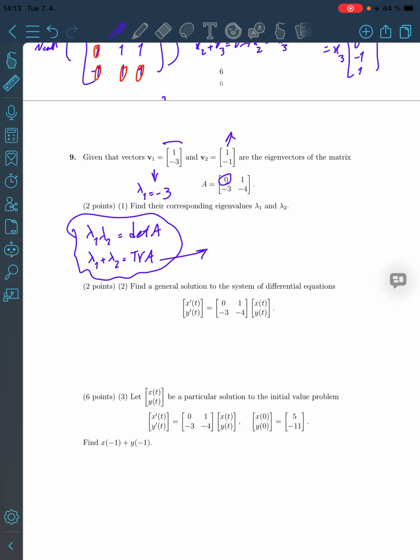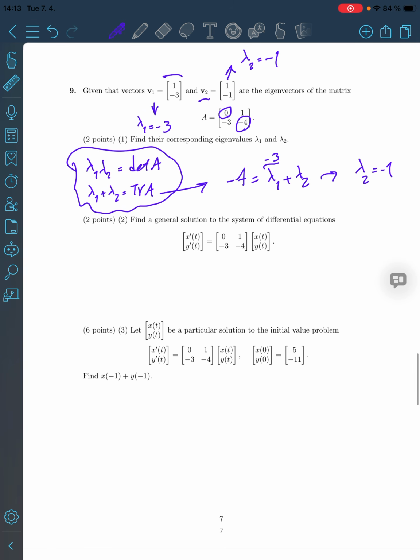Trace of A means the summation of all the entries on the main diagonal, which is equal to -4. -4 is lambda 1 plus lambda 2, but I already have lambda 1, which is equal to -3. Therefore, you can easily see that lambda 2 is equal to -1, right? So the eigenvalue for v2 is lambda 2 equal to -1.